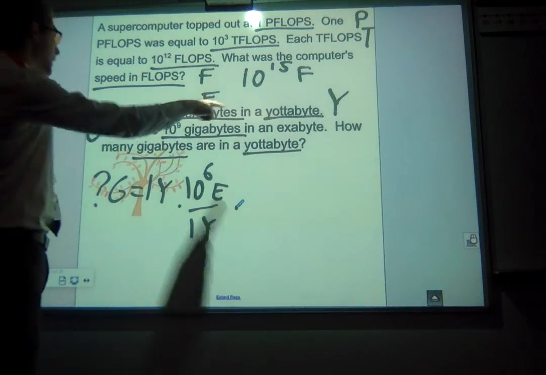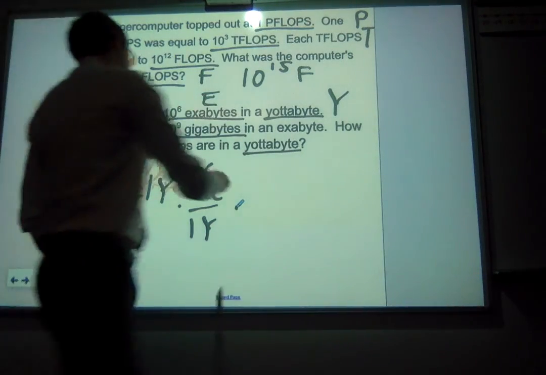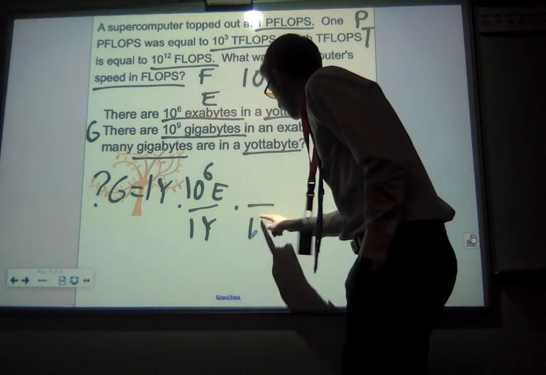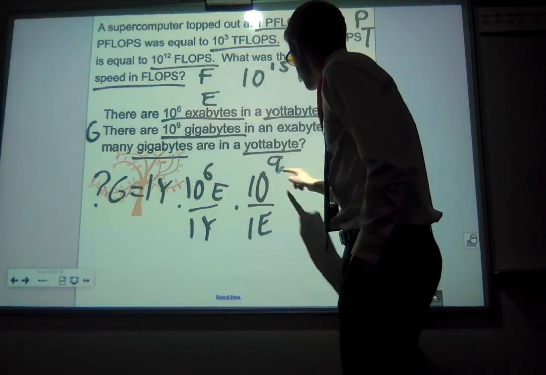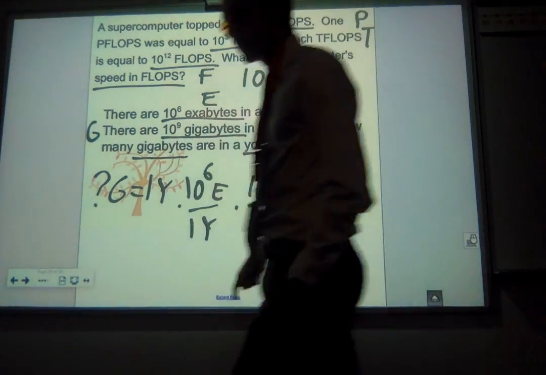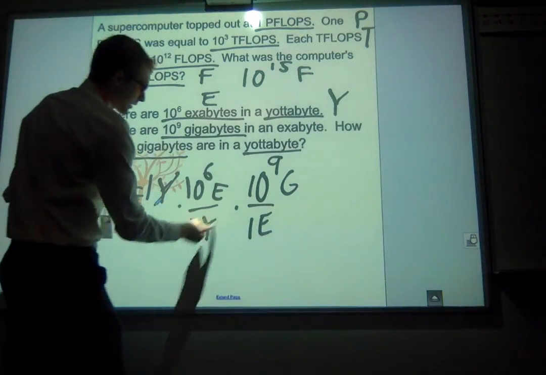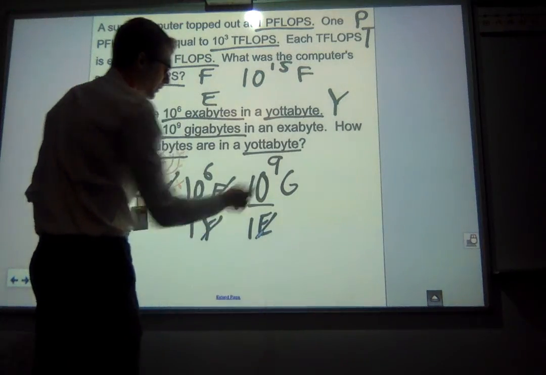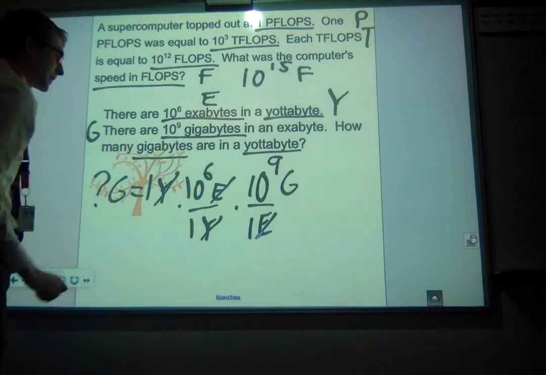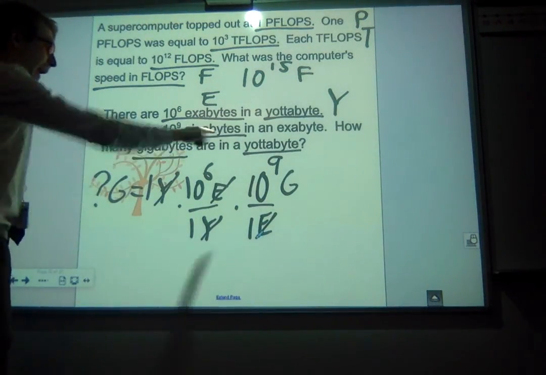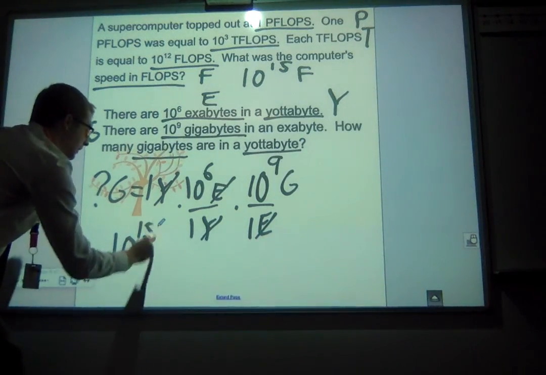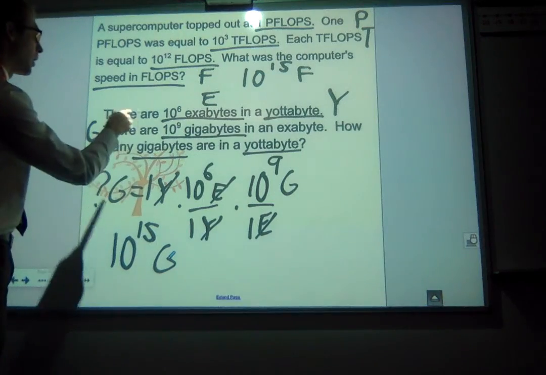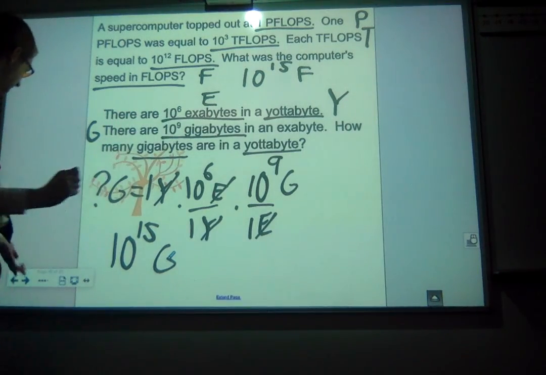Here it says there are 10 to the 9th gigabytes in an exabyte. So in 1 exabyte, there's 10 to the 9th gigabytes. So yottabytes cancel, exabytes cancel, and we're left with gigabytes. So 10 to the 6 times 10 to the 9, same base, we add the exponents. 6 plus 9 is going to give us 15. So 10 to the 15 gigabytes in 1 yottabyte.